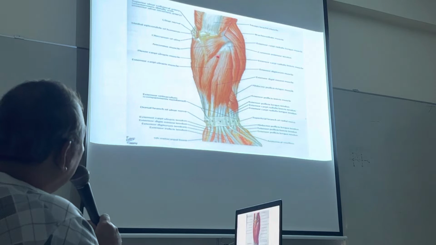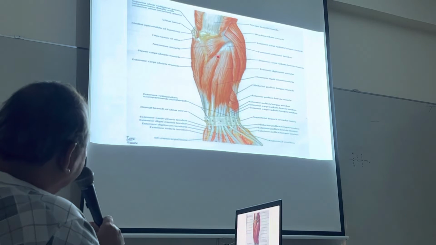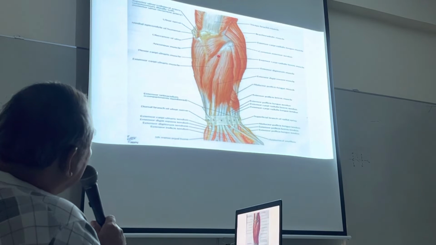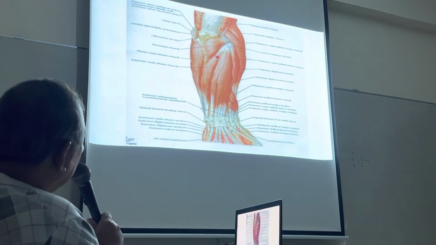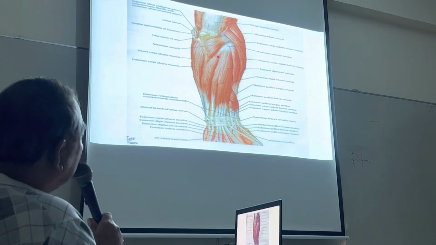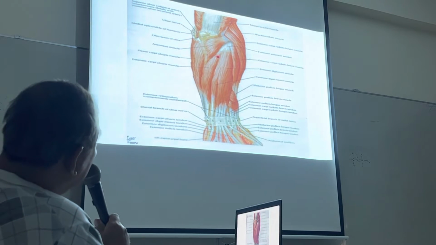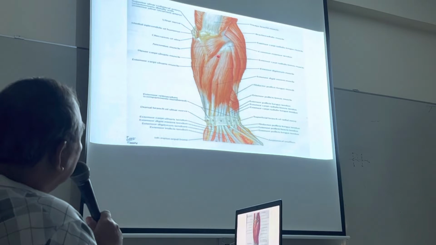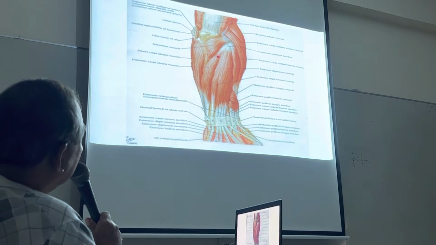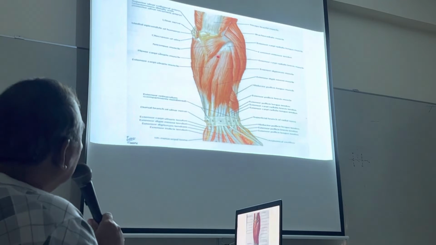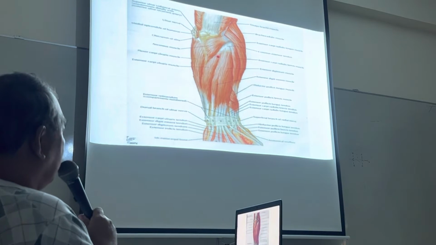When you try to analyze the action of the muscle, you look at the name. Usually the name of the muscle is derived from its attachment and then its action. You see here the brachio, meaning it takes origin from the arm. What is the bone of the arm? Humerus. So brachioradialis. Radialis meaning it will be inserted where?